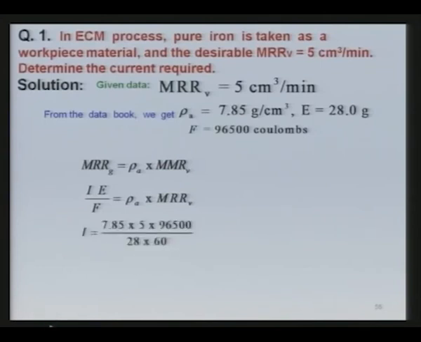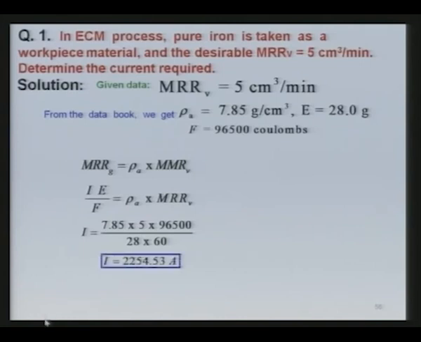Substitute, because we already know that MRRV required is 5 cubic centimeter per minute. So, substitute that value. Rho A is known, 7.85, Faraday's constant is 96,500 coulombs, and we have to convert this per minute into per second, so we divide by 60.